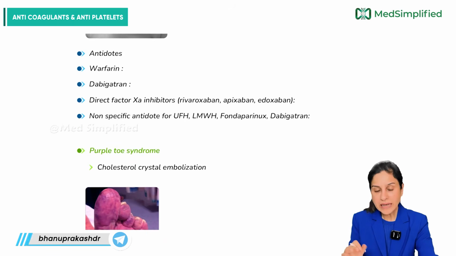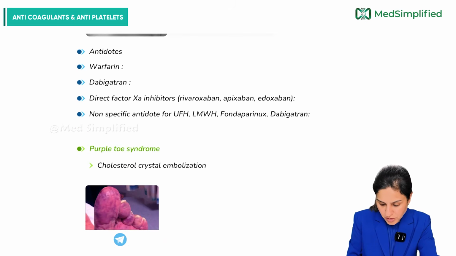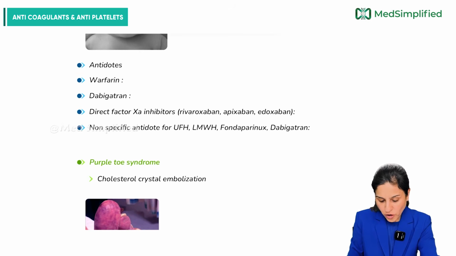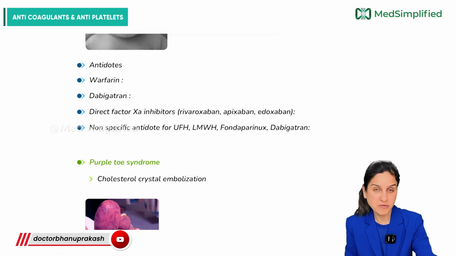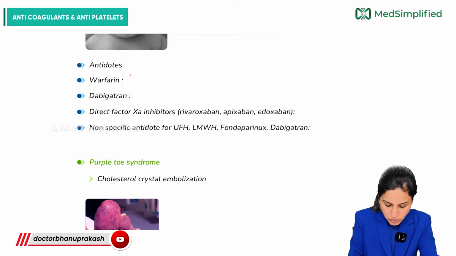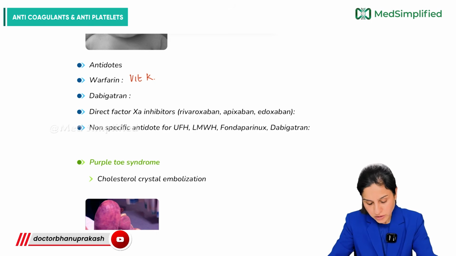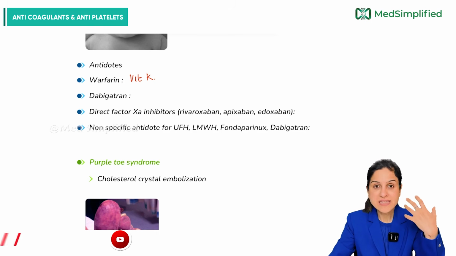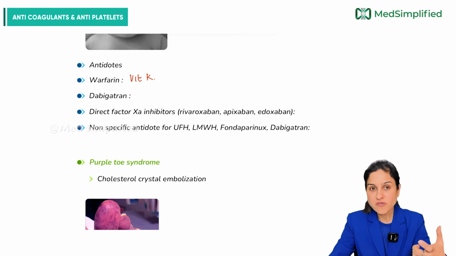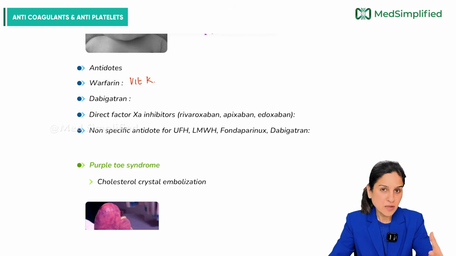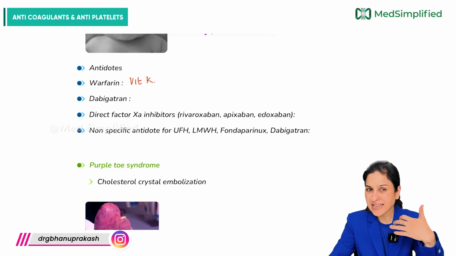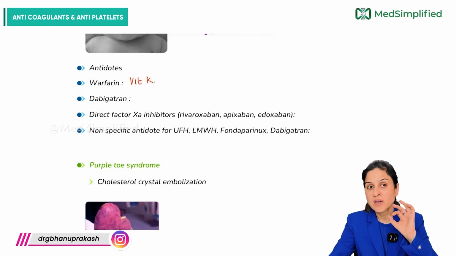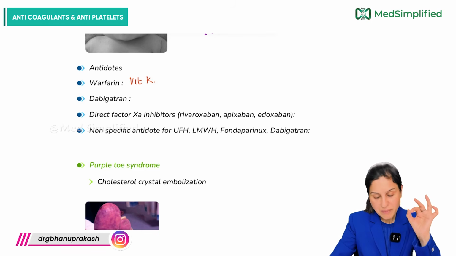Now, important antidotes to know. For warfarin, if there is an excess which leads to bleeding, you can give vitamin K. That's the specific antidote. But if it is severe bleeding, then we also give 4-factor prothrombin complex concentrate, because all these 4 factors, 2, 7, 9, 10, are the specific factors inhibited by warfarin.